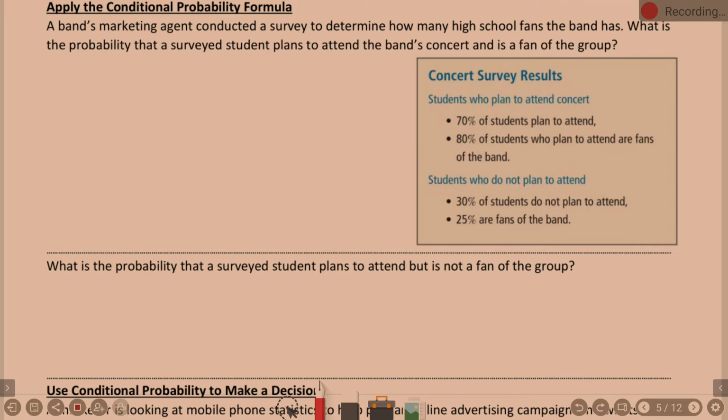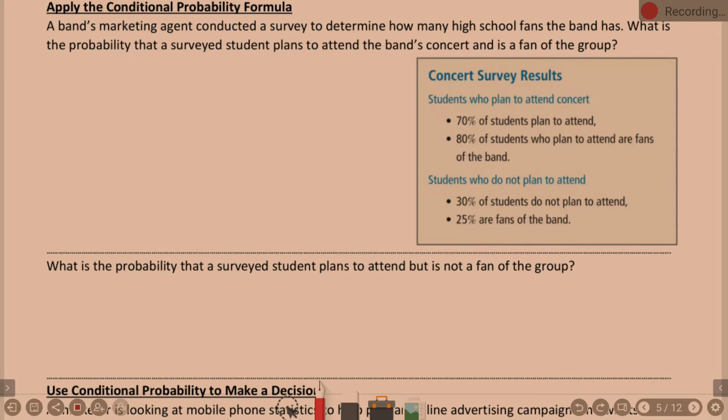Okay. Now, go back to what our question was. Our question was the probability that a surveyed student plans to attend the band's concert and is a fan of the group? Okay. Well, we have to be careful here. They want of the students surveyed.